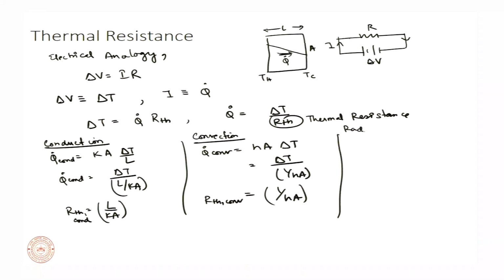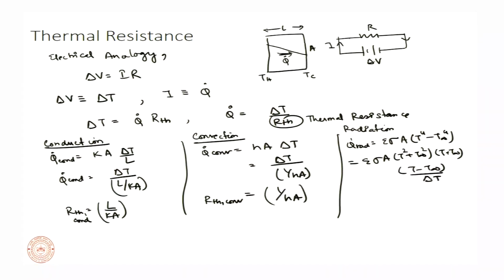and due to radiation, Q dot radiation is equal to epsilon sigma A T to the power of 4 minus T infinity to the power of 4. We can rewrite this as epsilon sigma A (T square plus T infinity square)(T plus T infinity)(T minus T infinity).